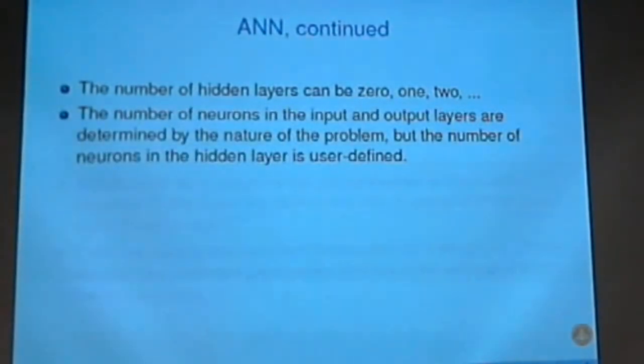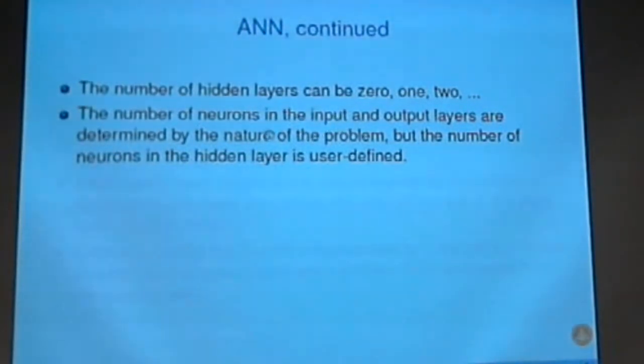The number of neurons in the input and output layers is determined by the nature of the problem. The number of neurons in the hidden layers is user defined. Under neural networks, nodes and neurons are interchangeable.